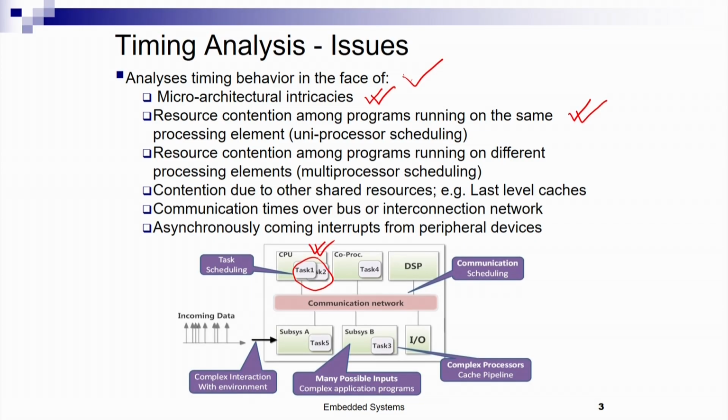We will see uniprocessor scheduling principles in the future classes, starting possibly from the next class. And we will also see that there can be resource contention among multiple programs running on different processing elements. Let us say this embedded system has multiple general purpose processors onto which a set of n tasks have to be scheduled on a set of m processors.